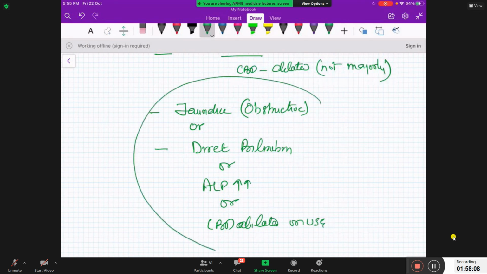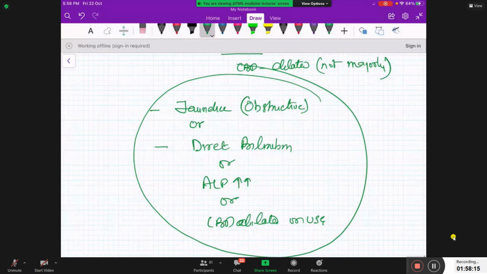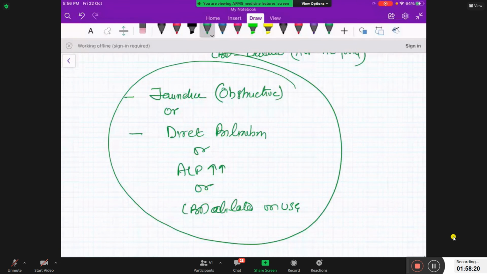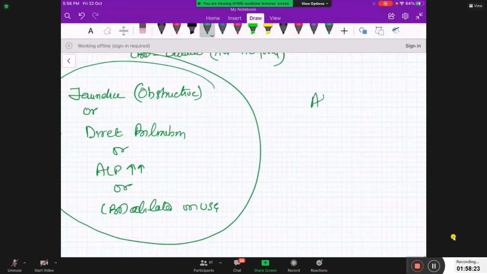If any of these are there in your given patient, किसी भी पेशेंट में इनमें से कुछ भी है, after ultrasound you are supposed to do MRCP. ठीक है?